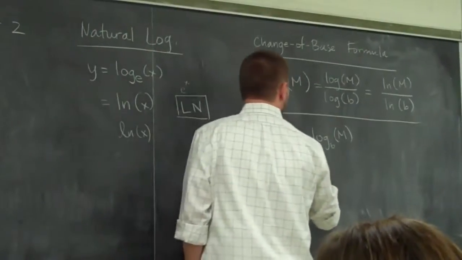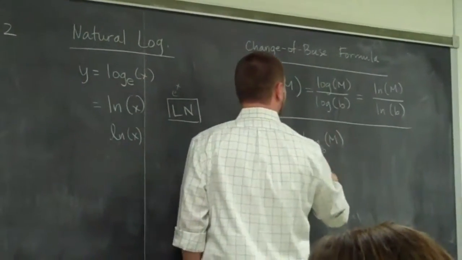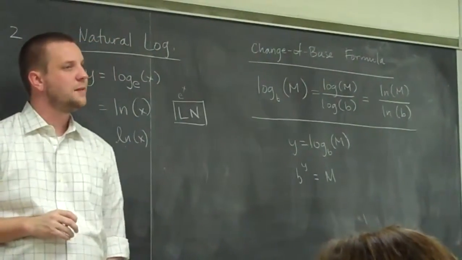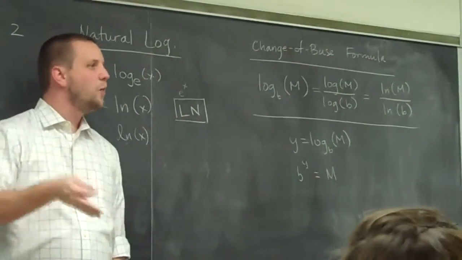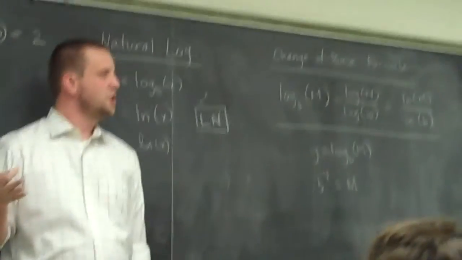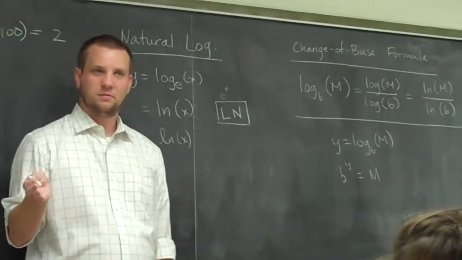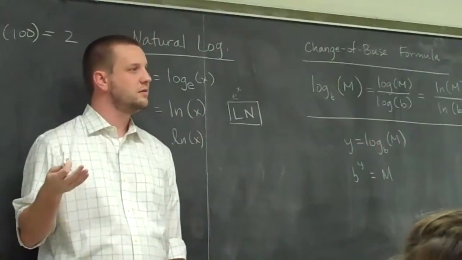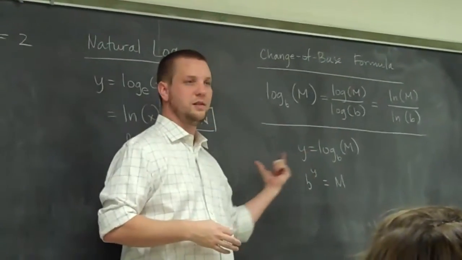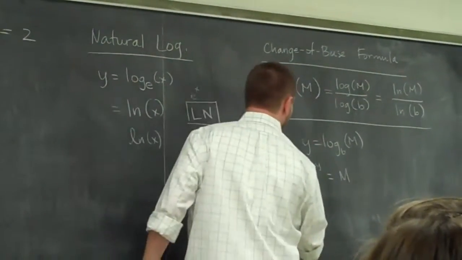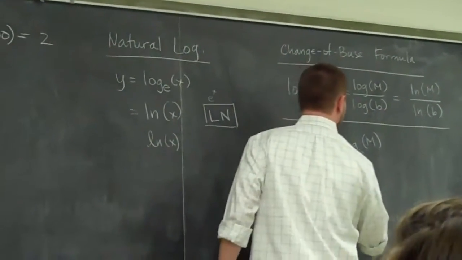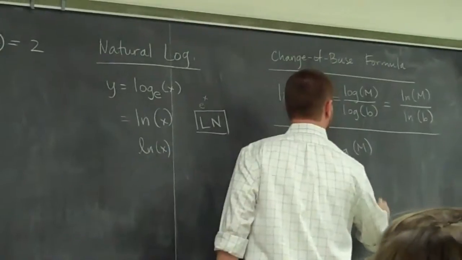This is b to the y power is going to equal whatever that N is. Okay. And then from day 1 of working with equations, our cardinal rule was you can do anything you want to one side of the equation so long as you do the same thing to the other side, right? So what I'm going to do is take the common log of both sides. All right, so I'm going to have the common log of b to the y equals the common log of N.